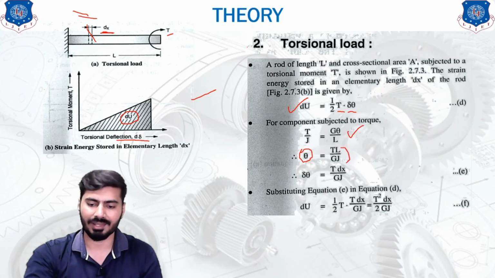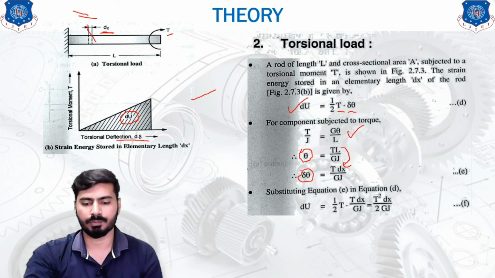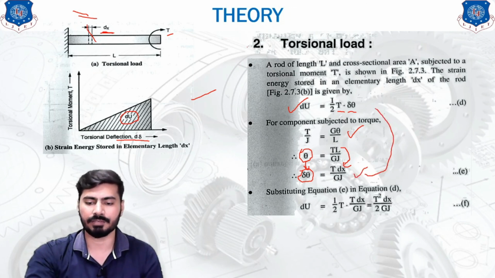So for small length, the angular deformation will also be small. So you can write d theta instead of theta. So this is our final equation of d theta, which will be inserted in equation number 1, and finally we are going to calculate the value of dU.